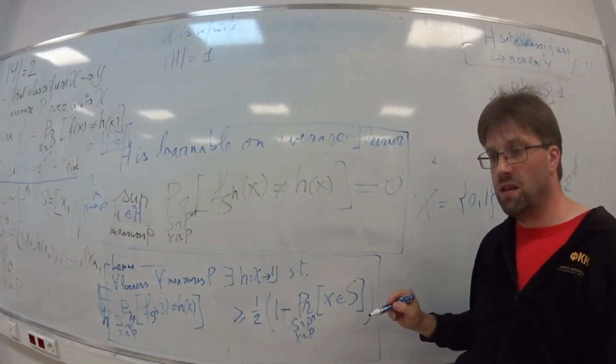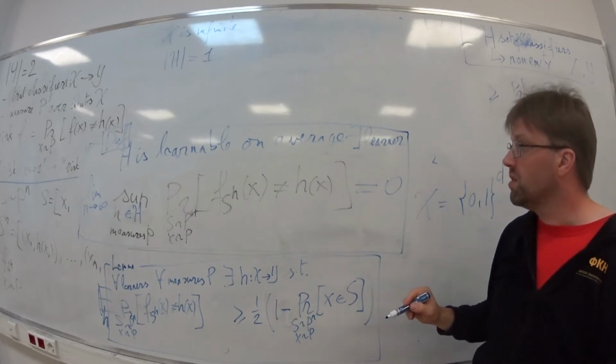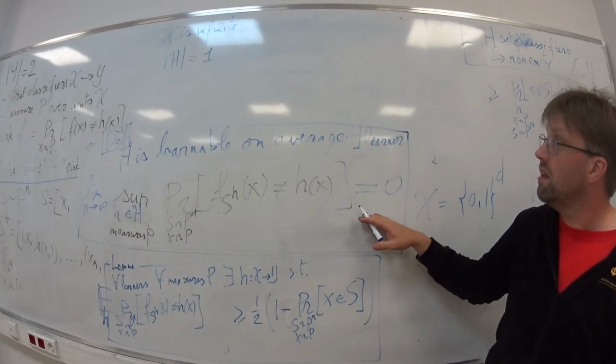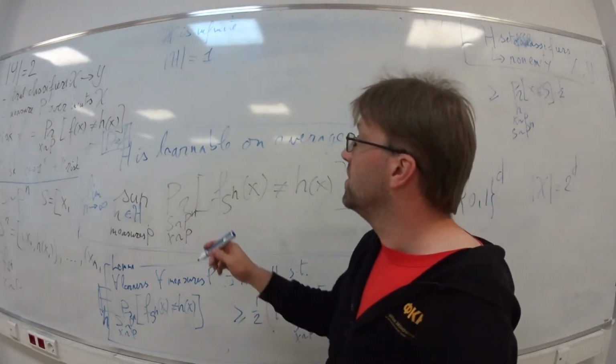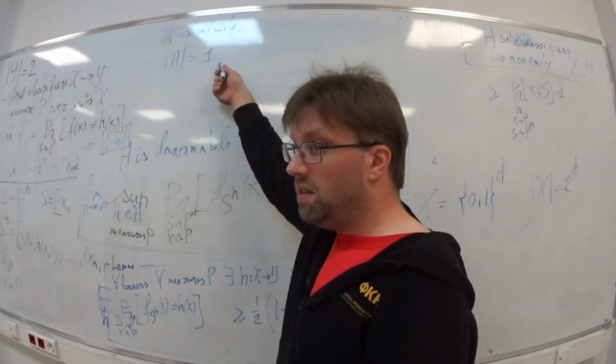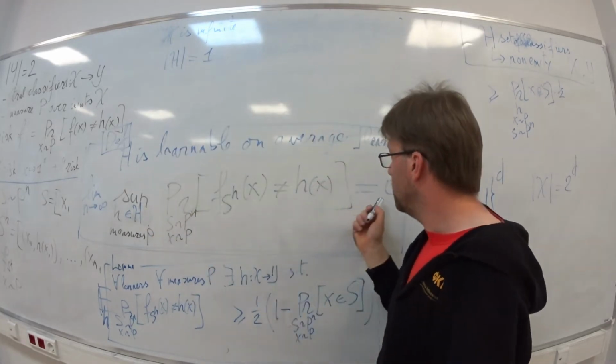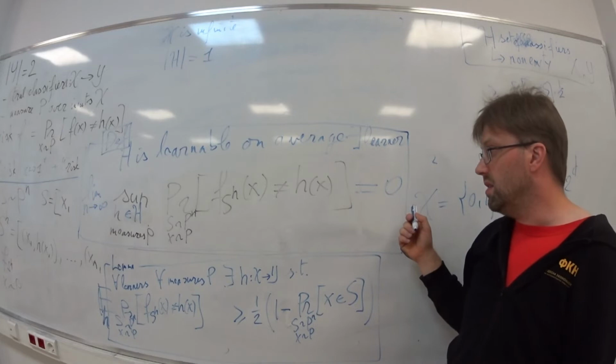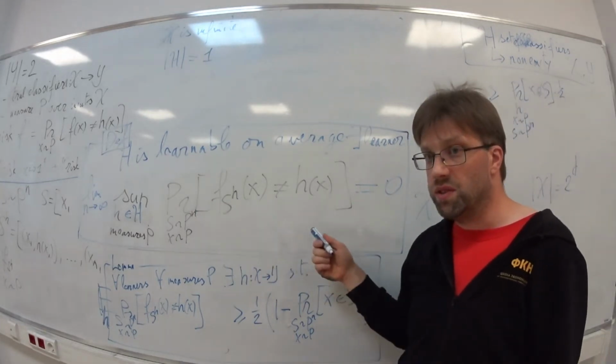And X can be anything. Input space can be anything. And I claim that if there is only one classifier in H, then this is equal to 0. Why is this limit equal to 0?